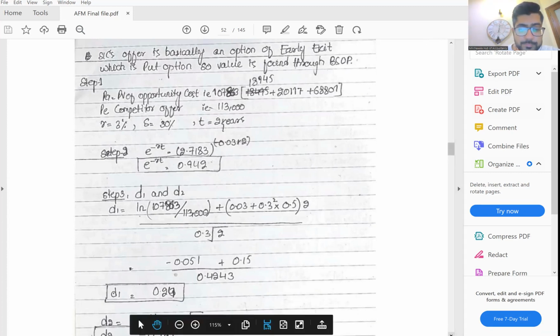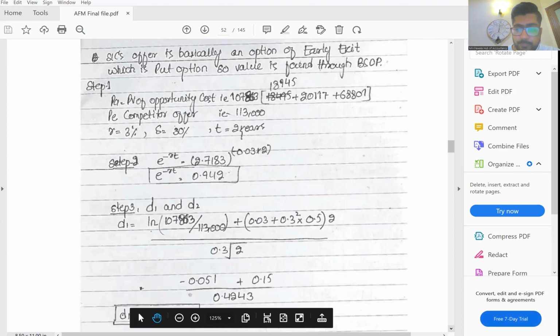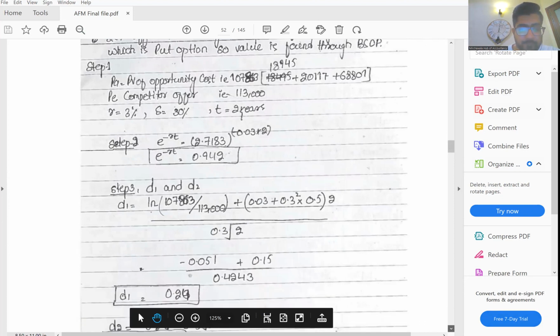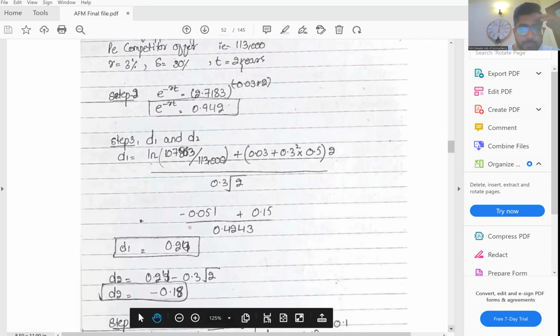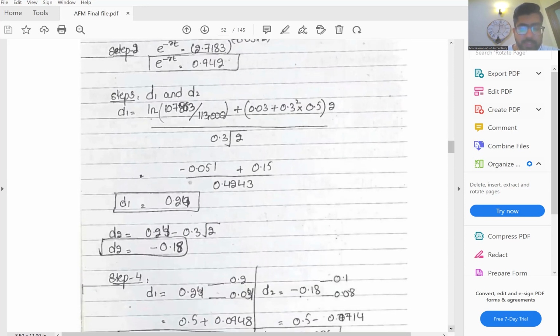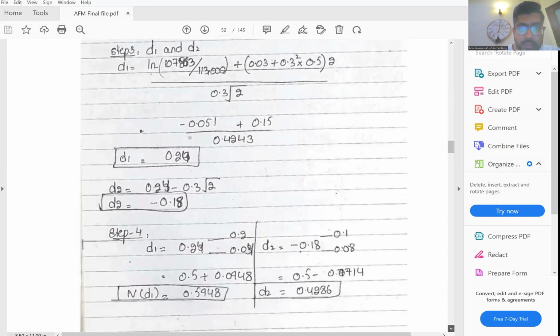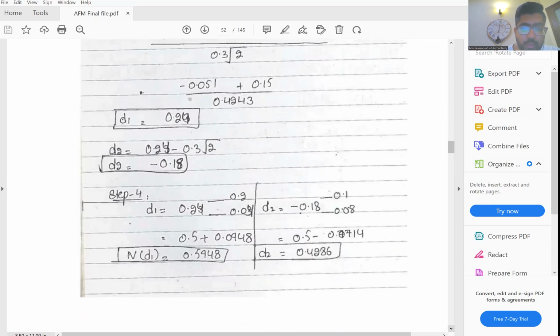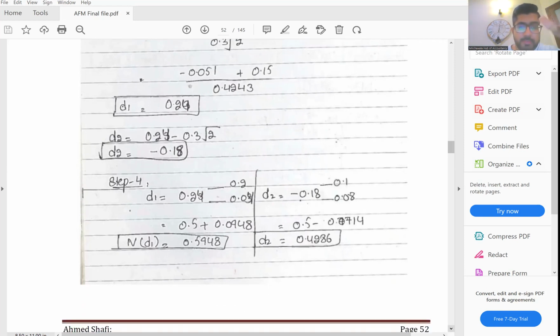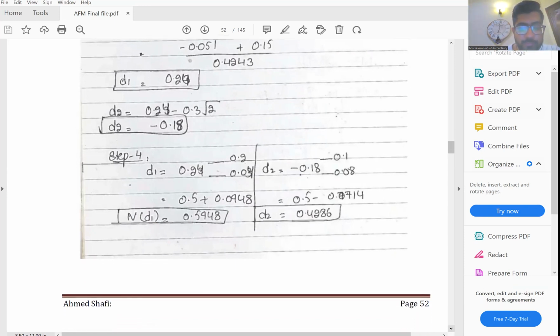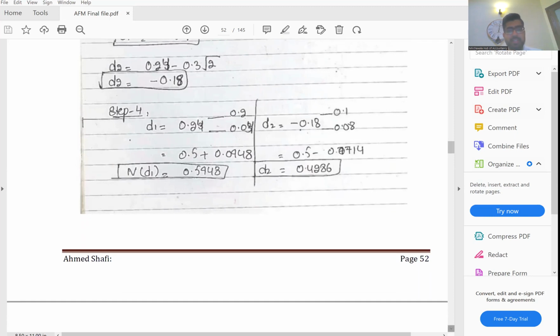Then you got D2, negative 0.18. Then step 4, D1 0.24 was split into 0.2 and 0.04 and then looked at the normal distribution table to get ND1. And for D2, it was split into 0.1, 0.08, looked at the distribution table to get ND2.